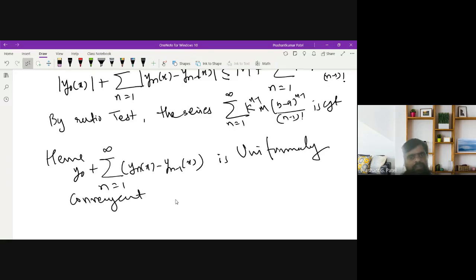Let's say it converges to y(x) for every x in the interval AB.